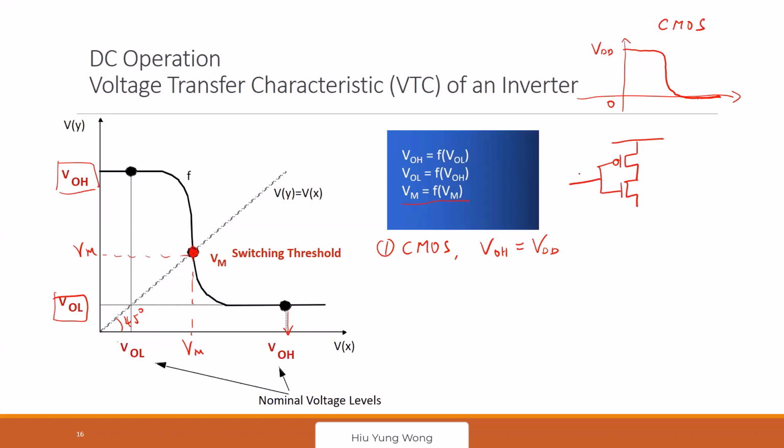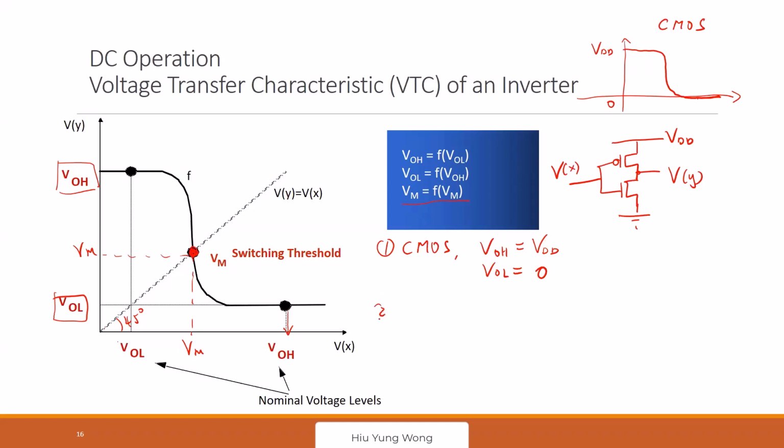Please stop me if you have any question, you are helping the others. This is VX, this is V out, VY. This is VDD. So output high is VDD. Then how about output low? Ground, 0. Thank you.